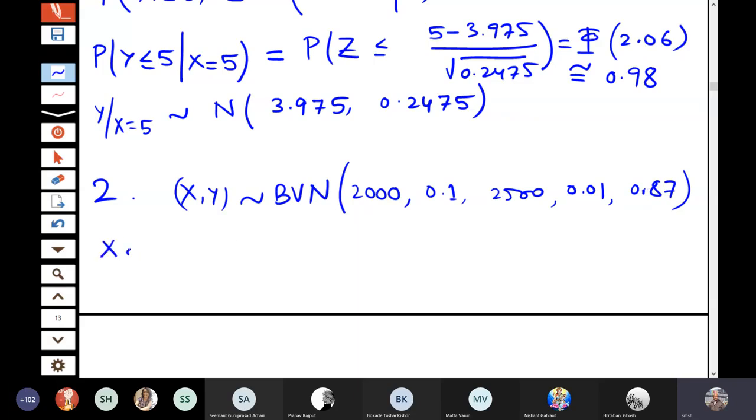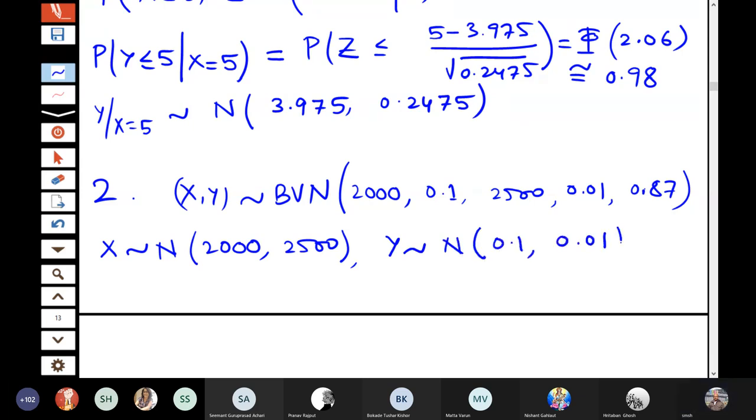If that is so, what is the marginal distribution of x? That will be normal with mean 2000 and variance 2500. Y will have univariate normal with mean 0.1 and variance 0.01.